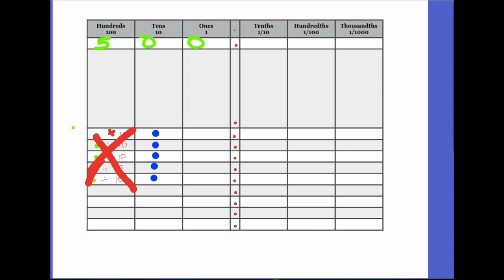What do you think, Gabby? Okay, so you look at what you have left. I have how many in this column? 5. How many do I have in this one? 0. So 500 divided by 10 is 50.